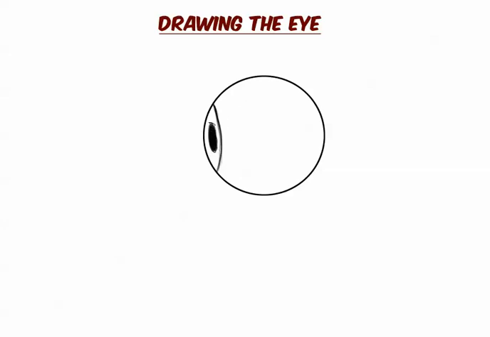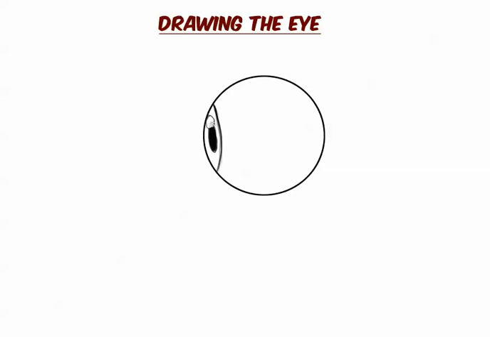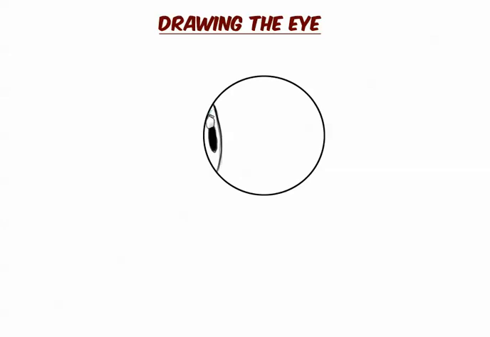And then we have that specular highlight that comes here. So we can just make it look like that, and that's it. We'll give it a nice blue color for the iris. Okay, there we go. So that's how we draw it.